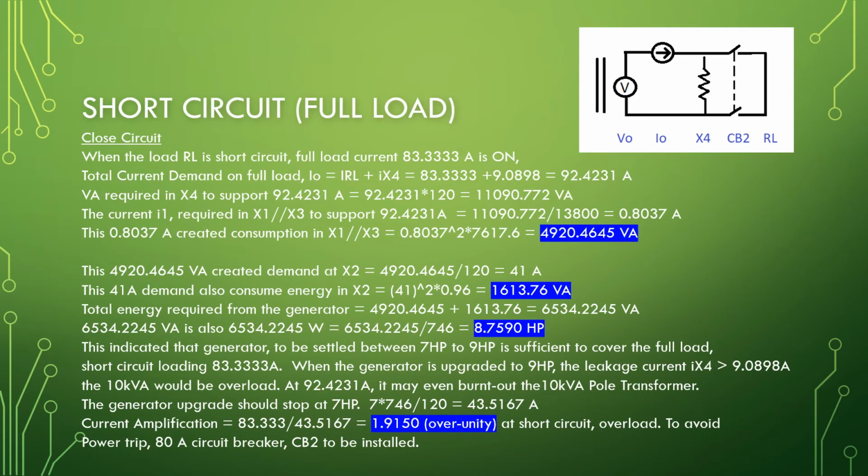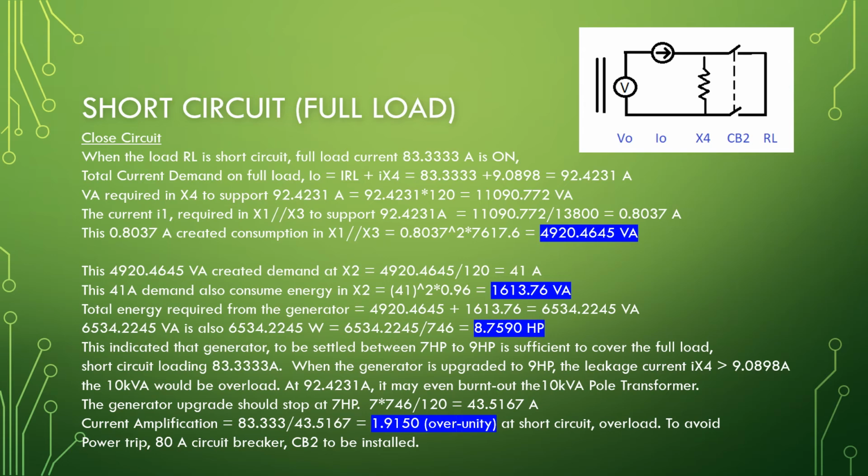When the load RL is short circuit, full load current 83.3333 ampere is on. Total current demand on the full load I0 equals IRL plus IX4 equals 83.3333 plus 9.0898 equals 92.4231 ampere.